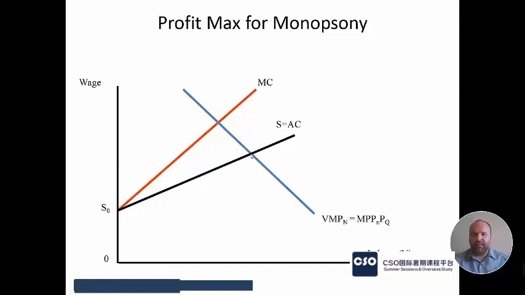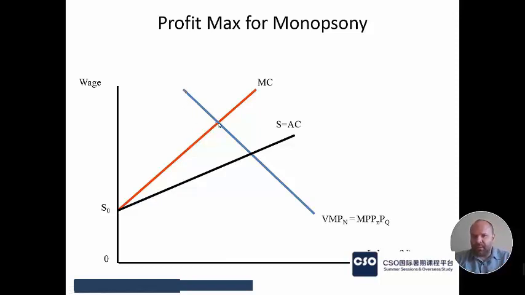Okay, but we're not in a competitive labor market. The monopsonist would want to hire labor while the marginal benefit of doing so is greater than the marginal cost. The marginal benefit is just the value of the marginal product of labor, okay, and the marginal cost is here. So the firm would want to hire as long as this is above this.